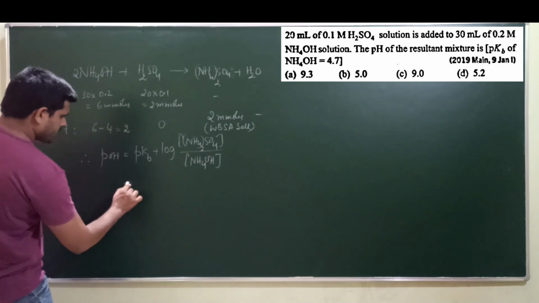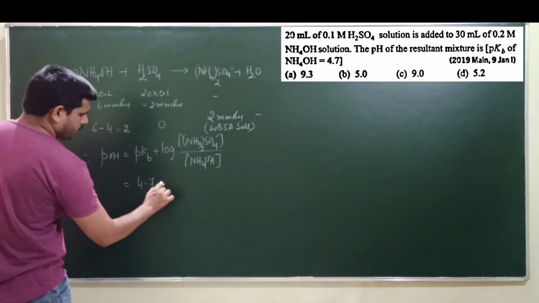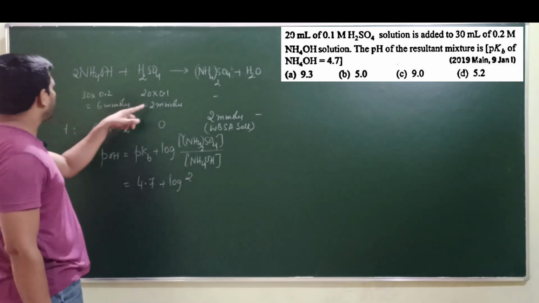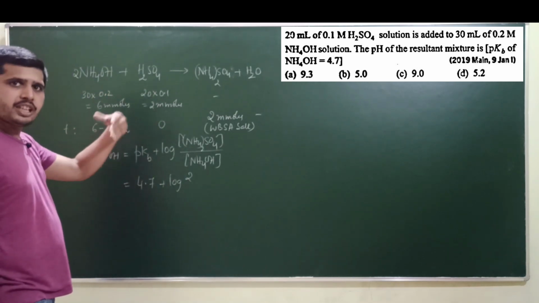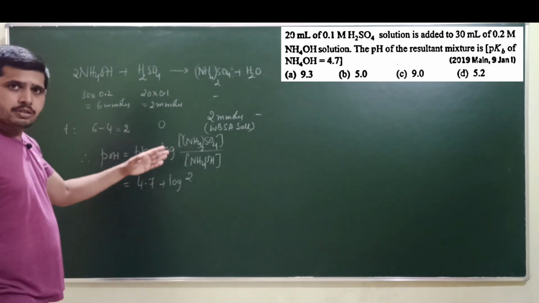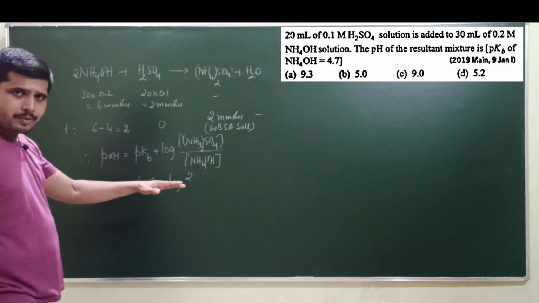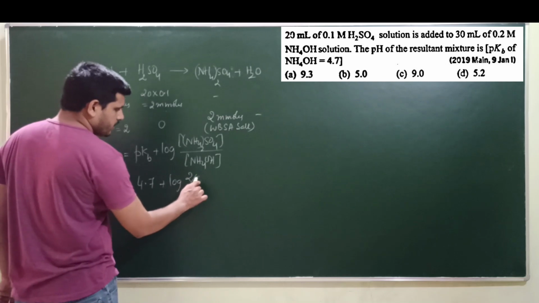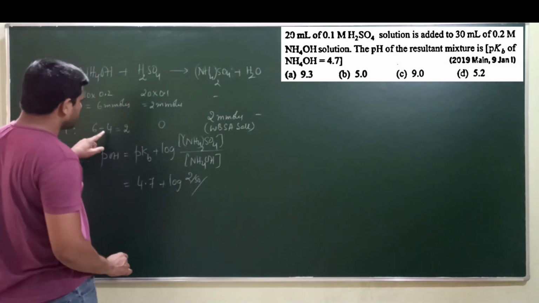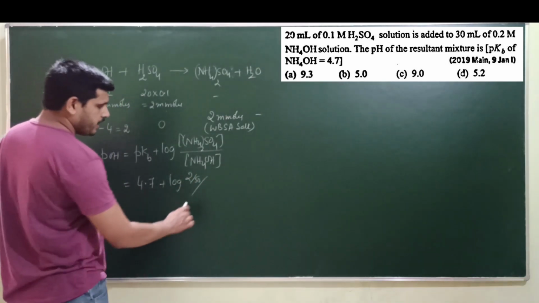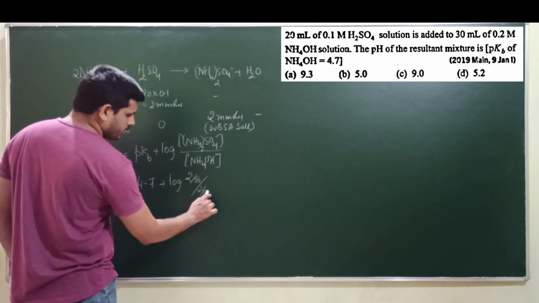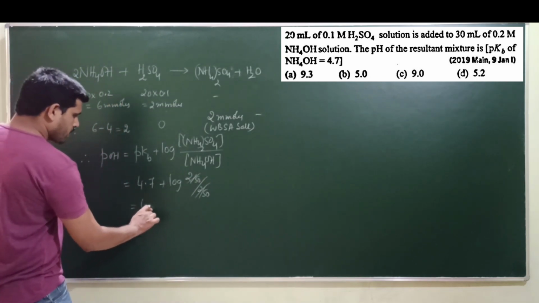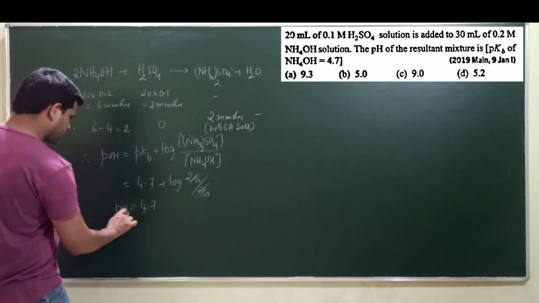So now pKb is 4.7 plus log of 2 millimoles in a total volume of 50 ml, therefore 2 by 50, divided by 2 divided by the total volume 50. So this cancels, log 1 is 0, therefore pOH equals 4.7.